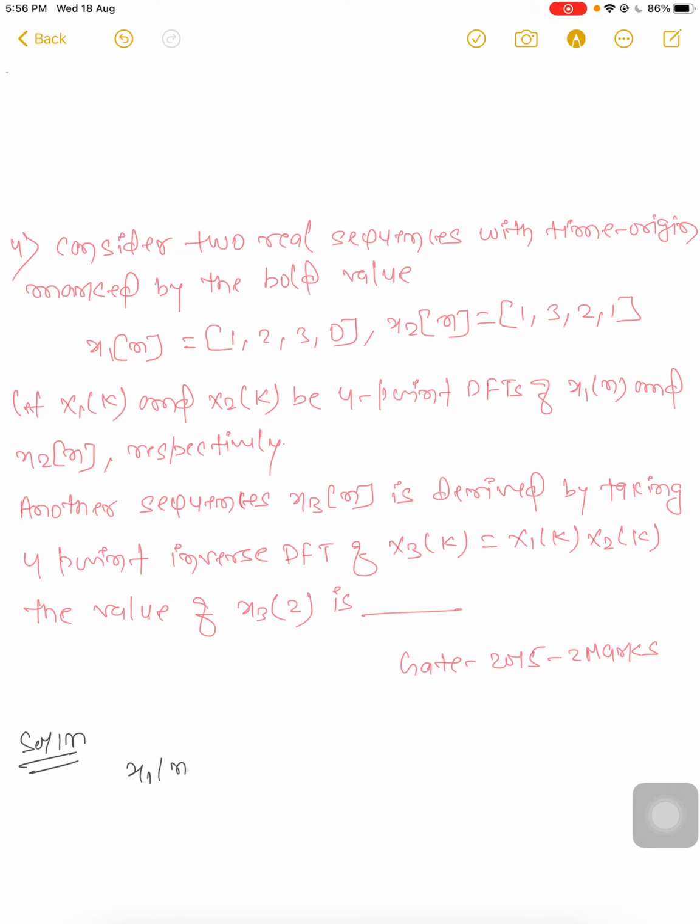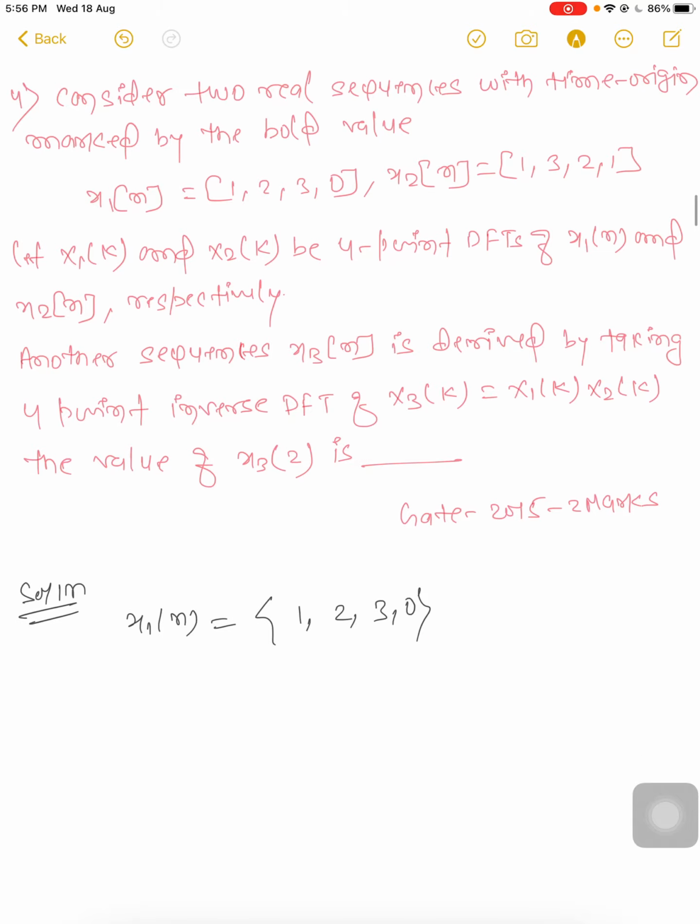Solution: x1 n is given, 1 2 3 0. And x2 n is given, 1 3 2 1.